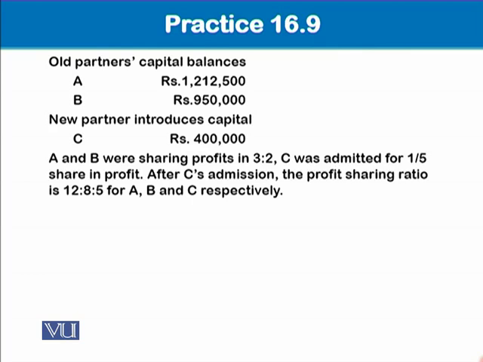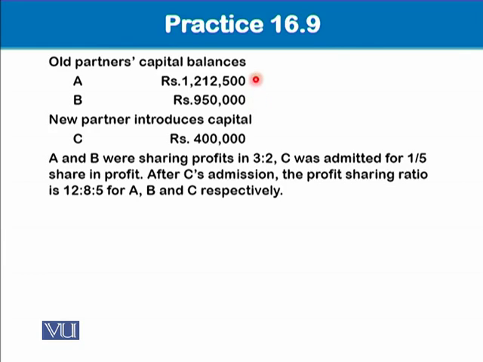A and B were sharing profits in the ratio of 3:2. C was admitted for 1/5 share in profits. After C's admission, the profit sharing ratio is 12, 8, and 5 for A, B, and C respectively. So nothing is difficult except to underline something and then recall it on time.